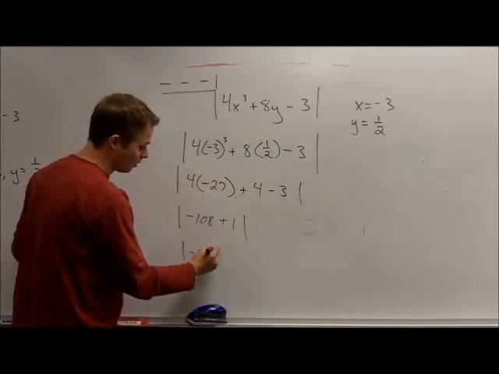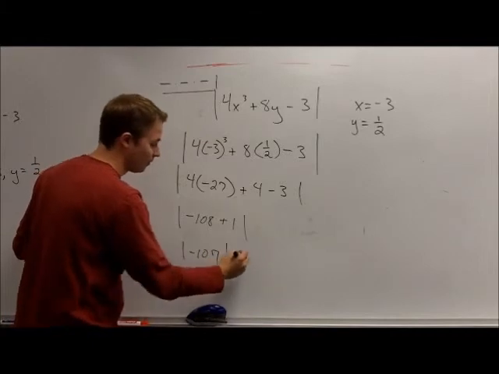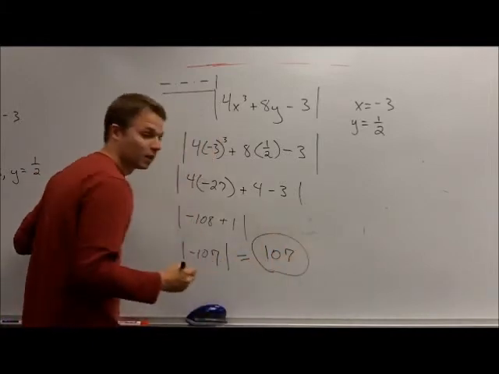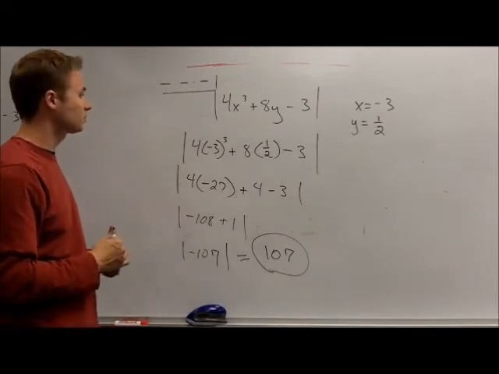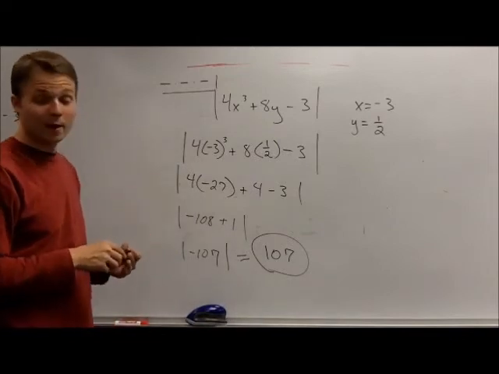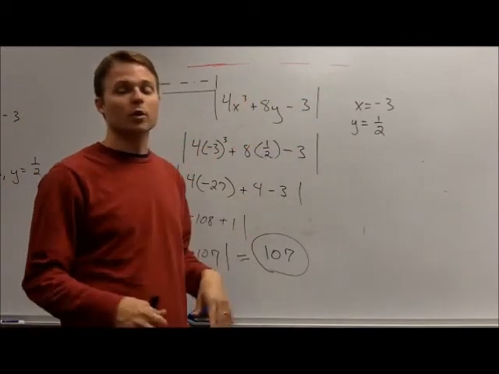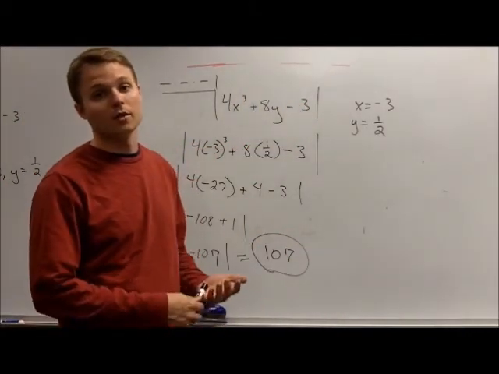So the absolute value of -107 will be +107, our answer. The nice thing about these is no matter how complicated I make this expression, if you can just plug in the numbers and do the arithmetic, then you're set and you can do all these types of problems.